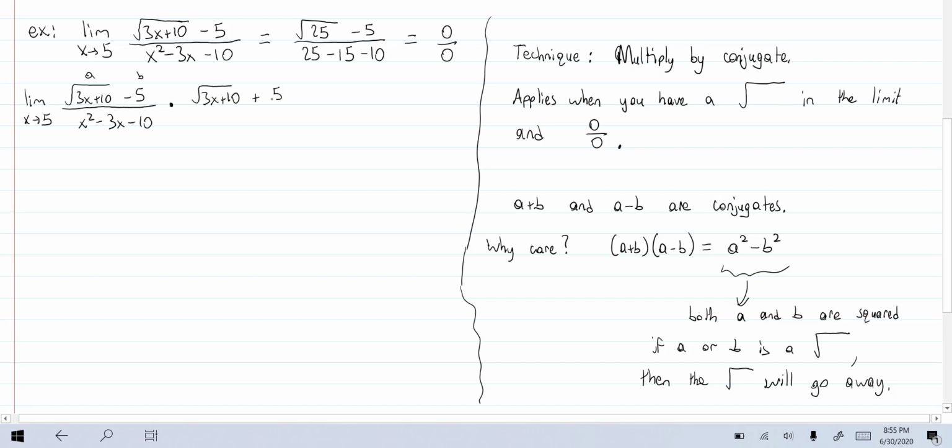Now I can't just multiply the numerator. In order to make sure that I'm not actually changing my expression, I need to multiply both the numerator and the denominator by the same thing.